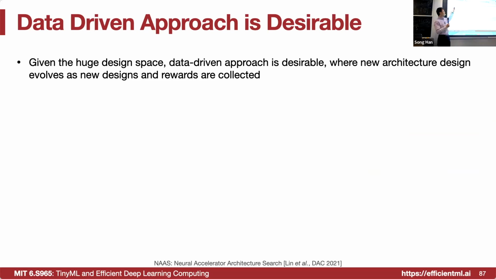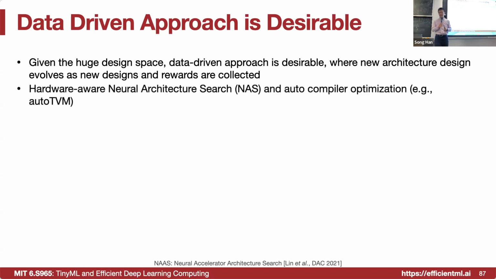We want a data-driven approach. We don't want to rely on much human expert knowledge. By using this data-driven approach to run a lot of configurations and get lots of feedback, we let the system automatically figure out what is the best accelerator, and what is the best neural network architecture that fits such a neural network accelerator.